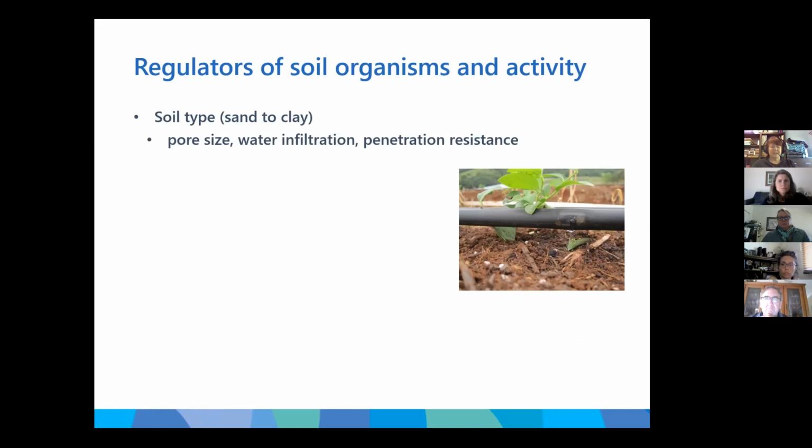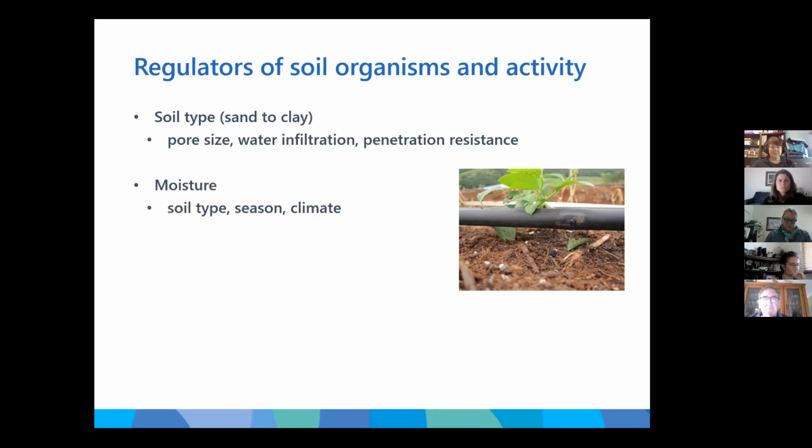So pore size is a big important factor, and it's related to how much water can get in, and then how hard it is for organisms to move through. So soil type and texture is very critical, and this will put some of the limits on the activity and some of the organisms that you will find.